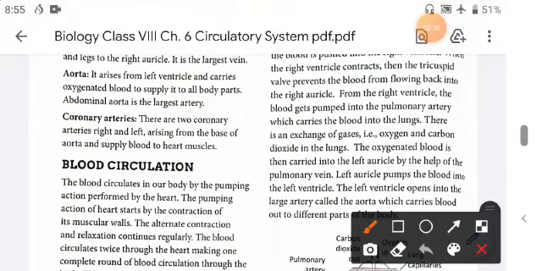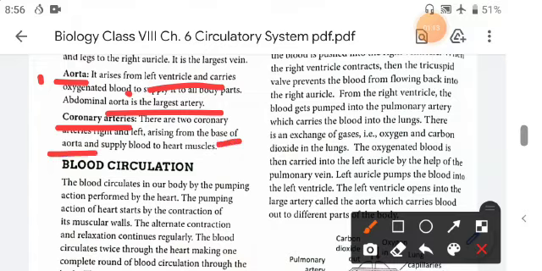Aorta is the largest artery. It rises from the left ventricle and carries oxygenated blood and supplies it to all parts of the body. Next, coronary arteries. There are two coronary arteries, left and right, and they arise from the base of the aorta and supply blood to heart muscles.